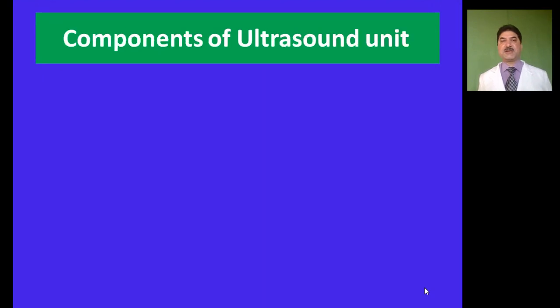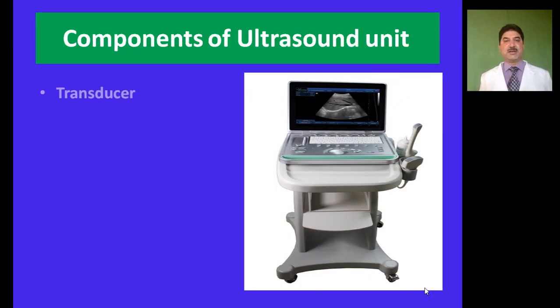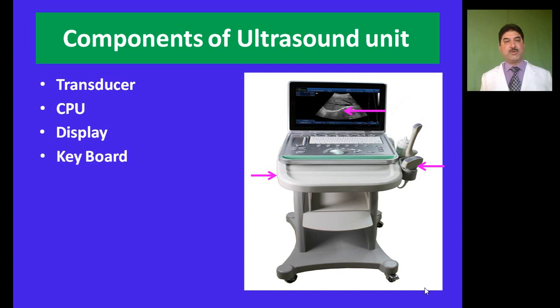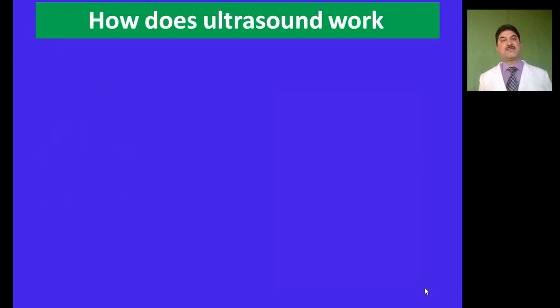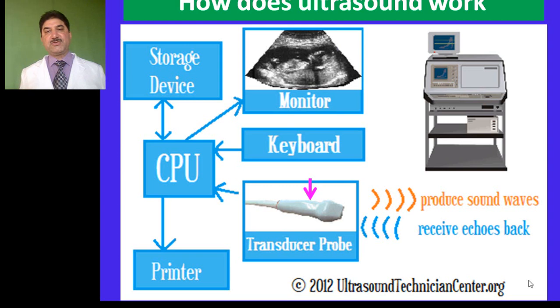The components of an ultrasound machine are a transducer which converts one form of energy into another form, central processing unit, a display, keyboard, coupling gel. How does ultrasound work? The transducer converts electric signals into sound waves.